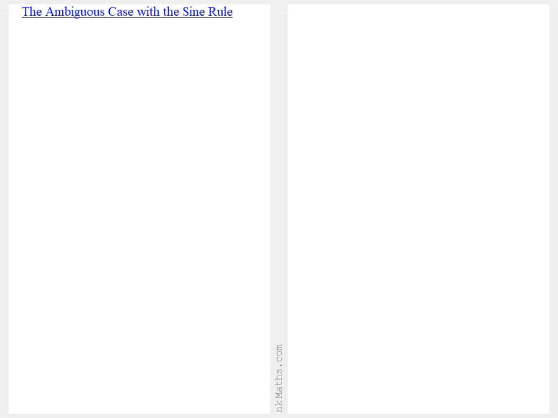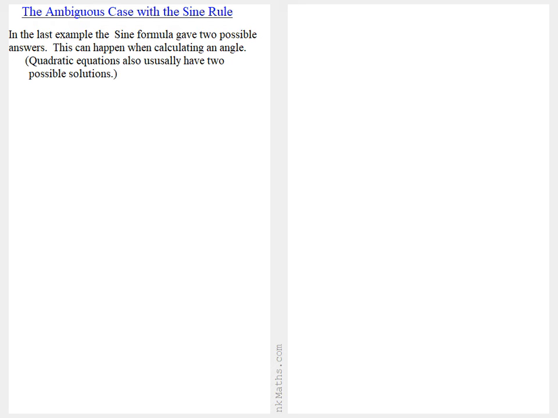So let's look at what's called the ambiguous case with the sine rule. In the last example, the sine formula gave two possible answers. This can happen when calculating an angle. Now we've had this before. Quadratic equations also usually have two possible solutions.